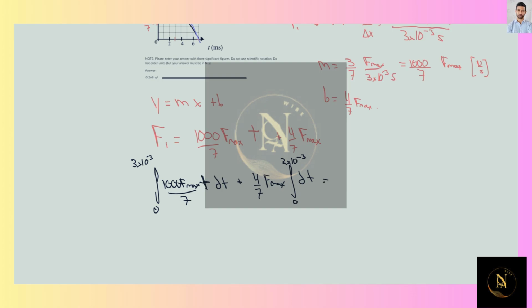would be equal to, I'm going to factorize F max out of both cases, and the first integration is going to yield 500 over 7 t squared, noticing that I have already divided by 2, evaluated from 0 to 3 times 10 to the minus 3, plus 4/7 of 3 times 10 to the minus 3 seconds.